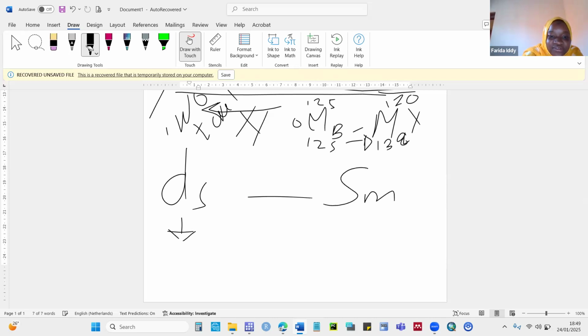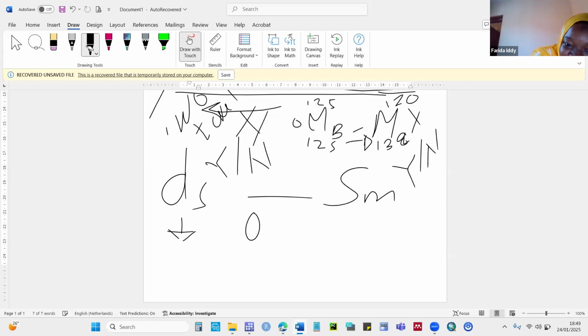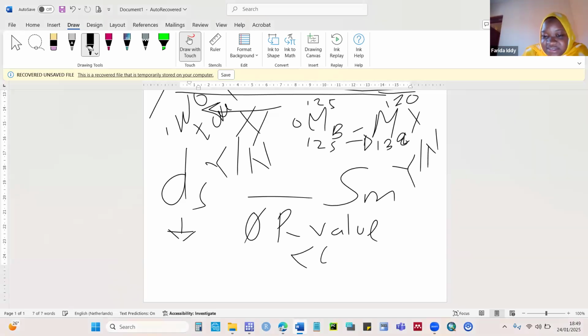Since these two variables are categorical, yes or no, you can just use chi-square to do that. In the chi-square result, you just obtain your p-value. If it is less than 0.05, then we can assume that there is a relationship between the two variables.